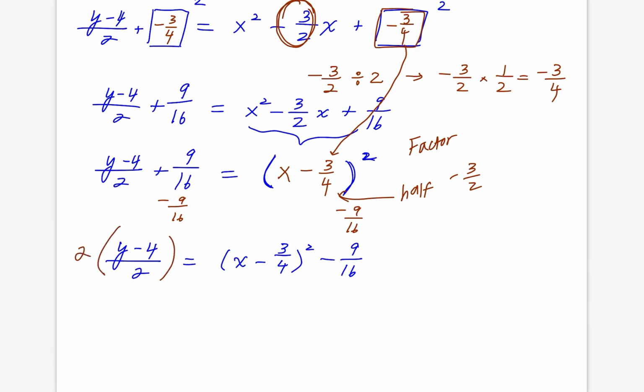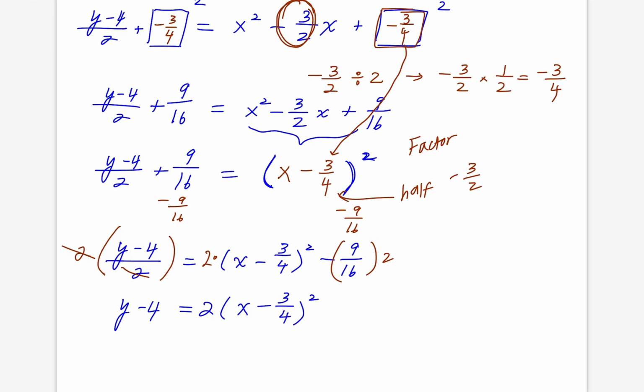So I'm going to have to multiply this by 2 and this by 2. Everything by 2. I know some people like to put big parentheses with 2 in front of it. But if you prefer, you can just remind yourself, okay, I need to multiply 2 here and multiply 2 here. So then I end up with y minus 4 equals 2 times (x minus 3/4) squared.